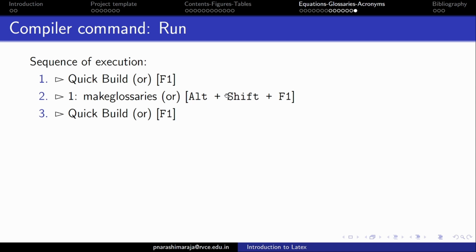Once you run this command, it will create an auxiliary file for you, and followed by this, you have to run quick build, or you can use the shortcut key F1, to make the PDF LaTeX compiler read that auxiliary file information and then put it onto your document.